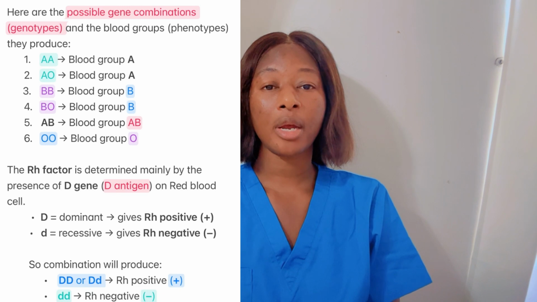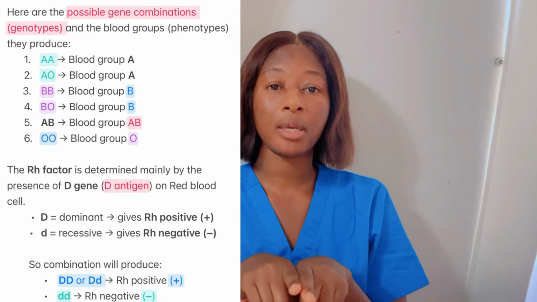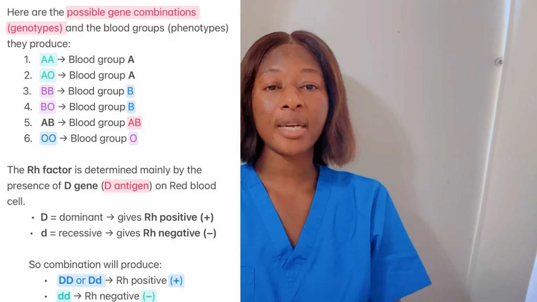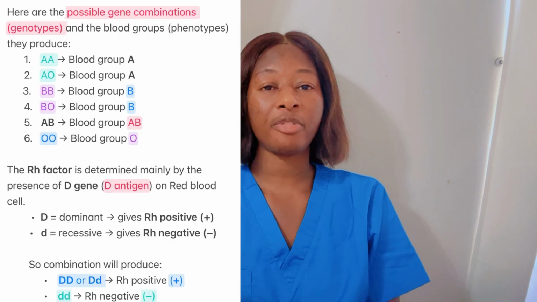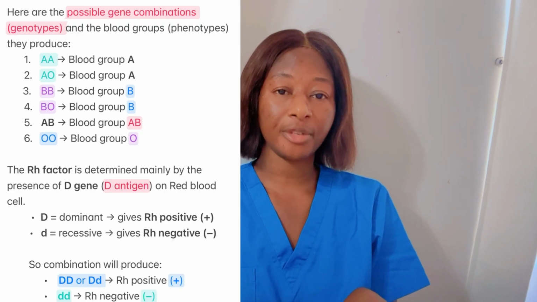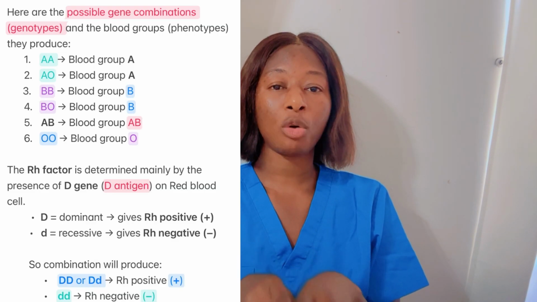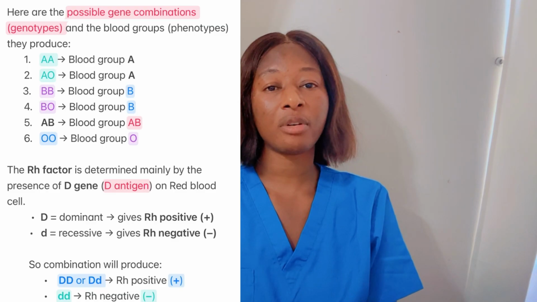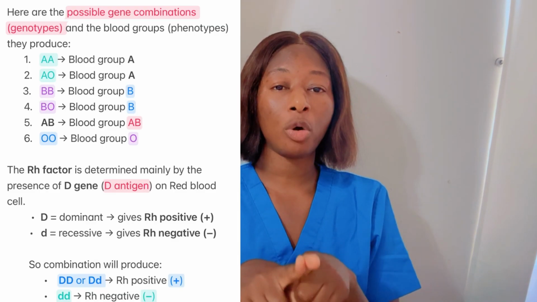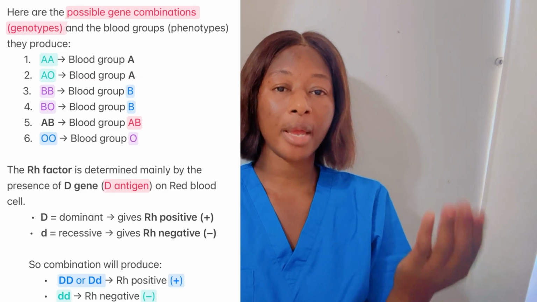If an individual inherits two copies of B from parents, because they are both dominant, they will manifest and give us blood group B. But if an individual inherits a B copy from the father and an O copy from the mother, because O is recessive, it will be suppressed by the B, which is dominant, and will still give us blood group B. If an individual inherits an A copy from the father and a B copy from the mother, because they are both dominant, they will manifest equally, and that will give us blood group AB.